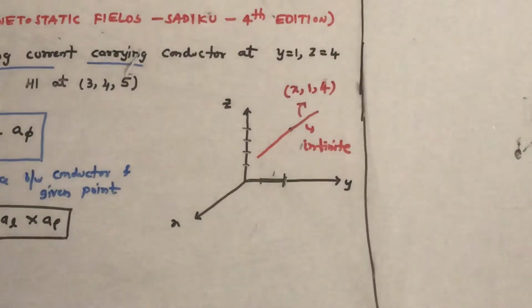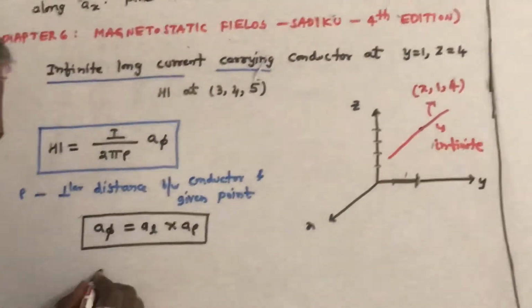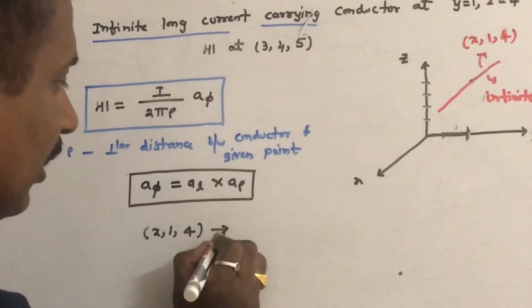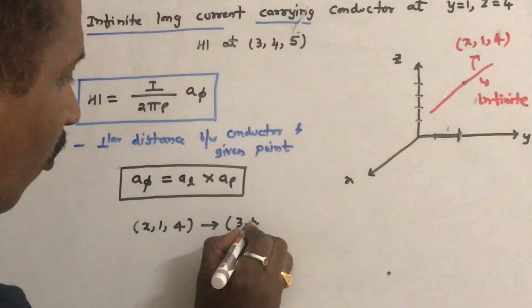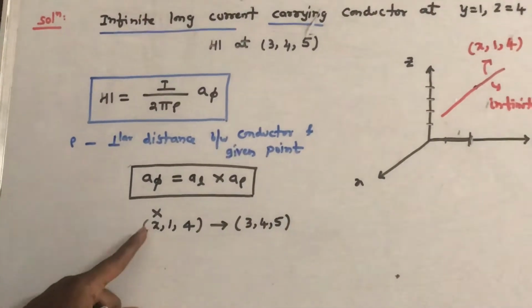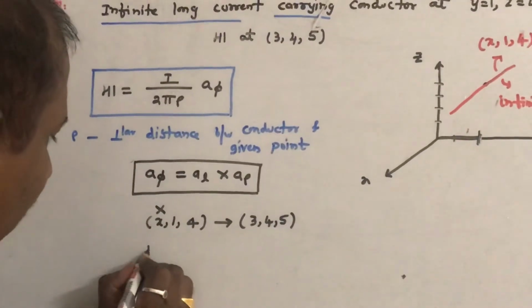Let us substitute all this information. So how to find out rho? The perpendicular distance between x, 1, 4 and the given point 3, 4, 5. What is the hint? Neglect the variable on the infinite conductor. I have given a hint while calculating the perpendicular distance.